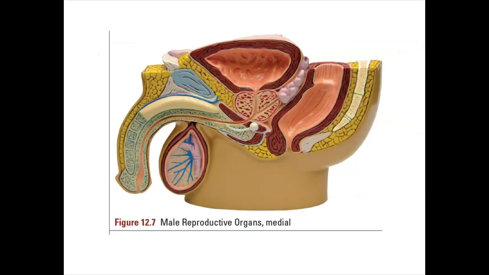So here's our model of the male reproductive system, and I'm just going to go over a few things with you. We have the rectum here, and we have the anus, so we can see part of the digestive system. I'll write some labels, but I know it's going to get kind of messy. Right here, this pink thing we can see is a seminal vesicle.